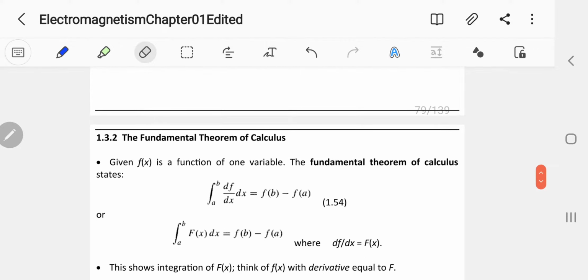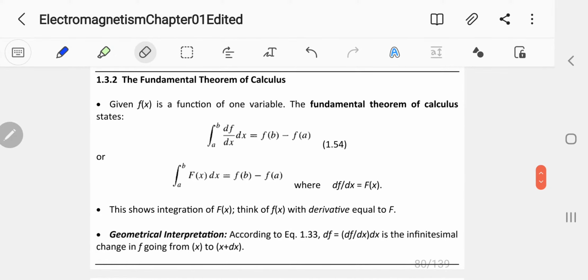So we proceed with the fundamental theorem of calculus.